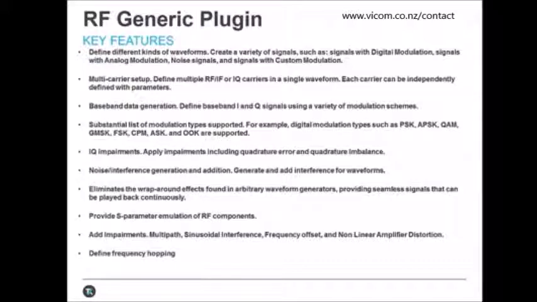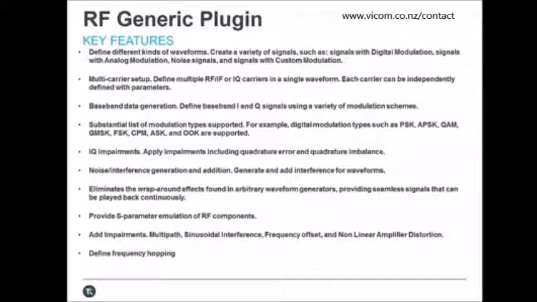The plugins automatically take into consideration the wraparound effect of when you're repeating waveforms. So you don't have to worry about this, and that's the nice thing about using Tektronix software to build these waveforms, is that we take all the considerations of the AWG itself into the development of these waveforms, so that you don't have to worry about them when you build your waveforms.